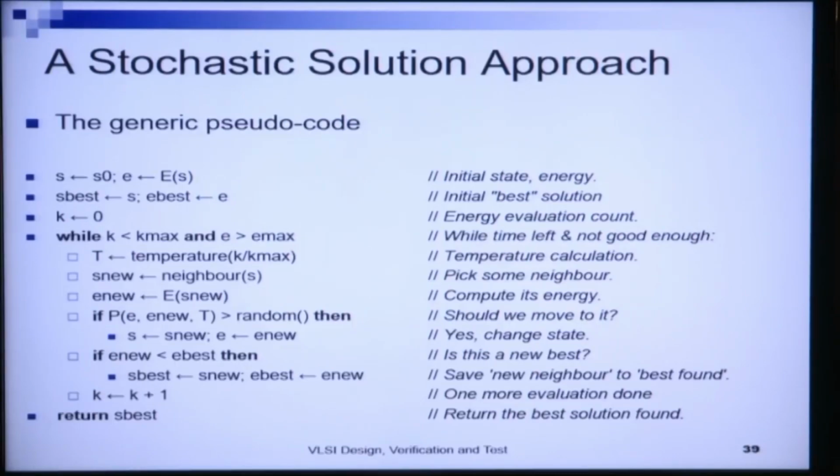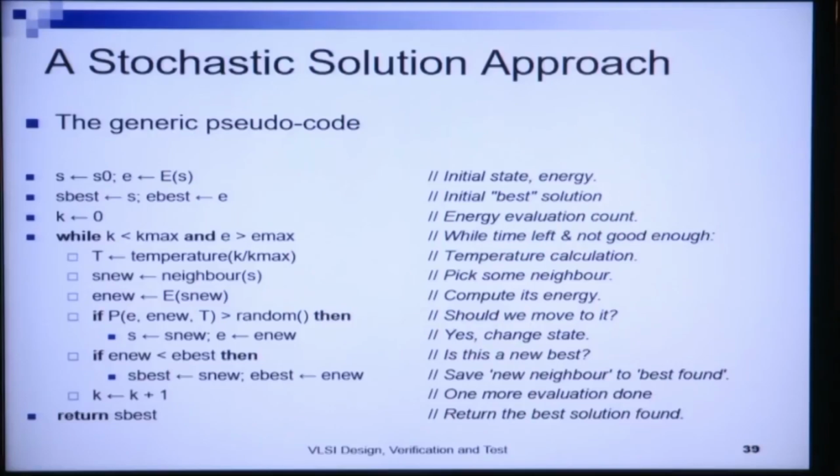Now we accept this new solution if P(E, E nu, T) is greater than some random value. That is, if the probability of accepting this new solution, given by P of E comma E nu comma T, where E is the current solution and E nu is the new solution that I have got, is greater than a certain random value, I accept this new solution.